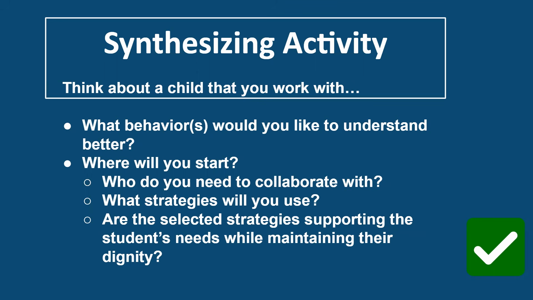And the first step in this will be, where will you start? Who will you need to collaborate with? What strategies will you use? And thinking about those systematic methods of evaluation, how will you collect data around that behavior, right?